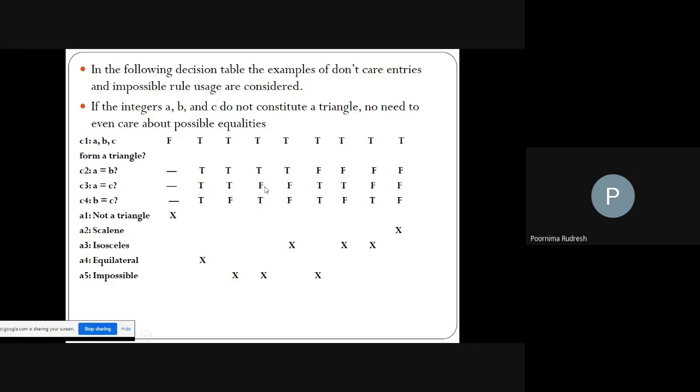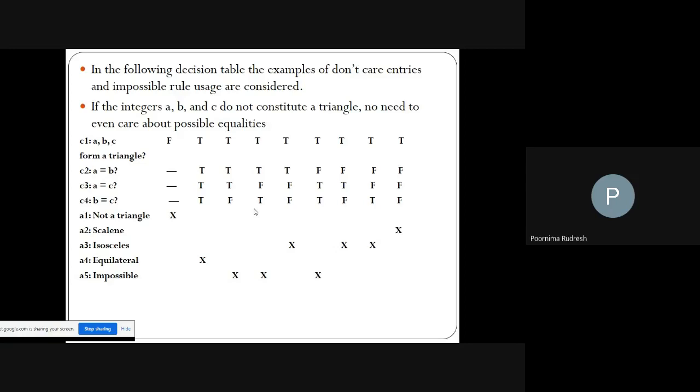It is impossible, because if A is equal to B and B is equal to C, then A is equal to C being false is an impossible condition. That's why it is represented as X here. So that is the output we get when representing it as TFT, means for C2 it is true, for C3 it is false, and for C4 it is true.